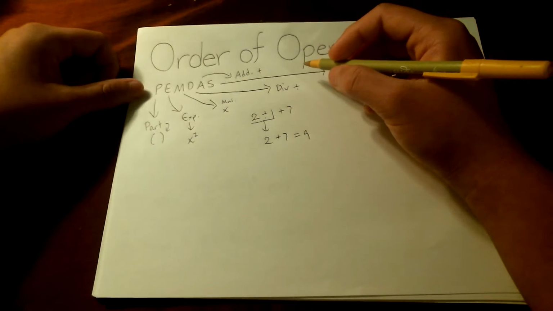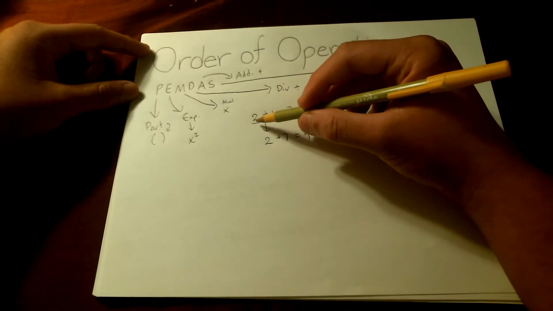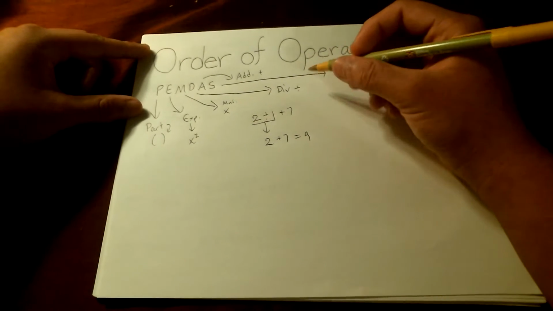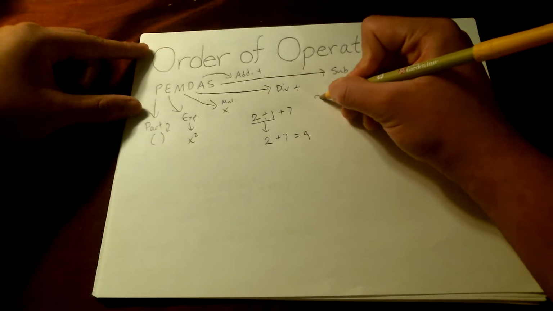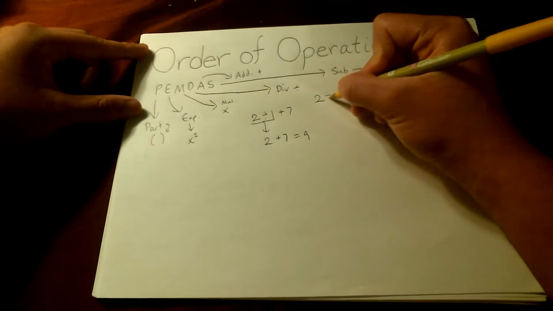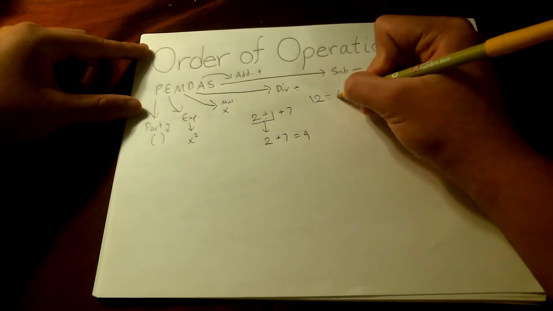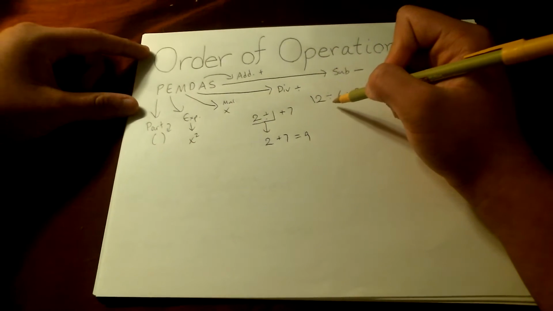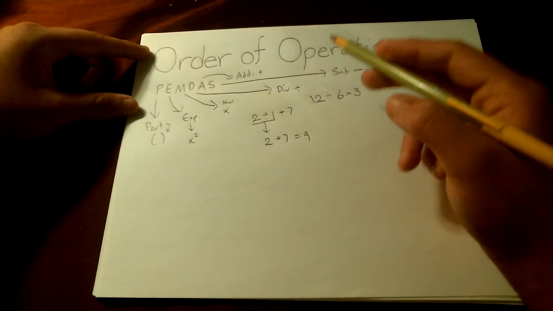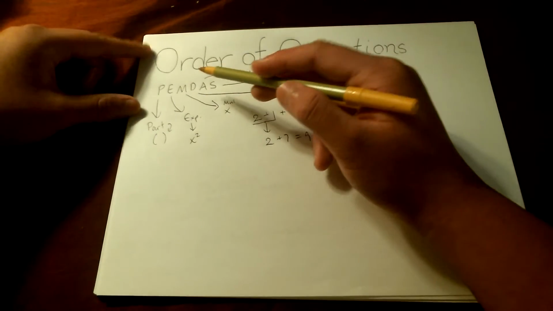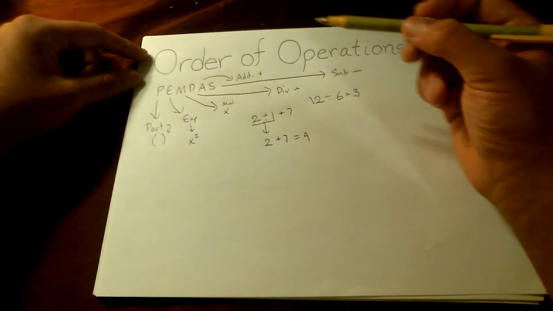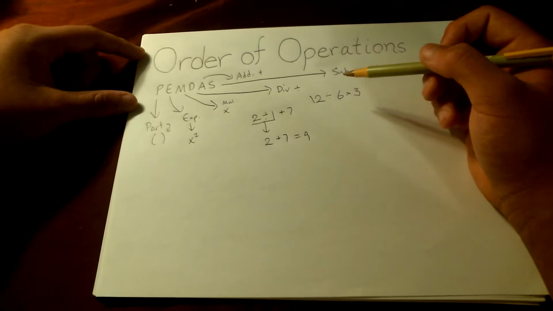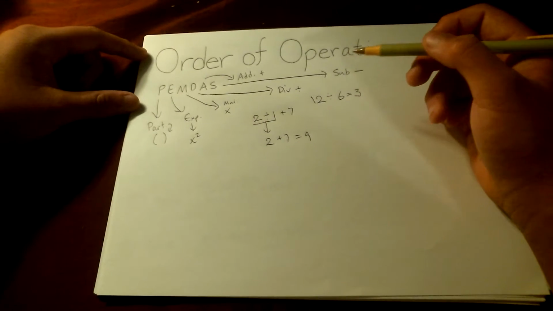So typically we would solve it from left to right. But sometimes, for example, if we use PEMDAS, this is 24 divided by 12 divided by 6 times 3. We would instead solve the division first, because even though PEMDAS says that multiplication goes before division, we would still have to solve the one that comes first in the expression order.